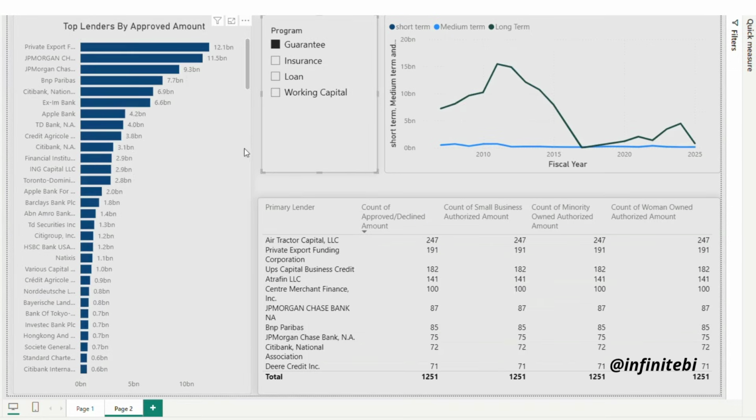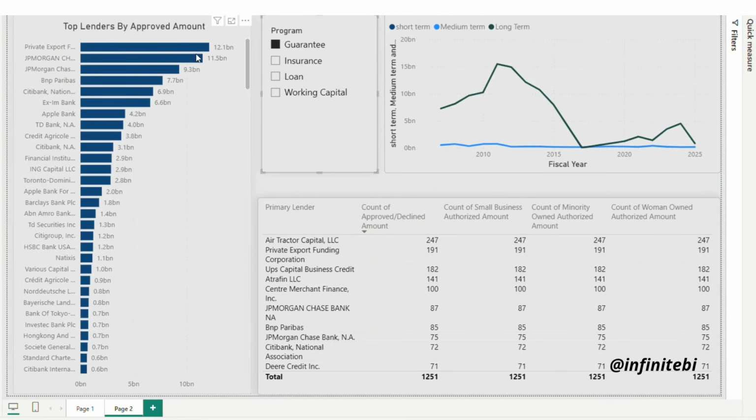And then I got the program I mentioned before, the guaranteed loan. You can see which bank has more guaranteed program loans, the Private Export Funding, and you can see it over the years. Get to the primary lenders as well. This is the primary lender on the total loans.